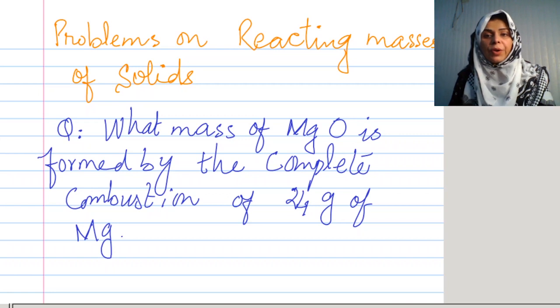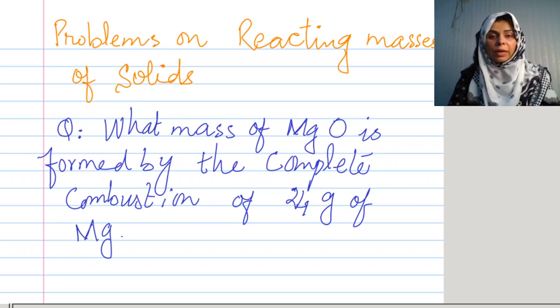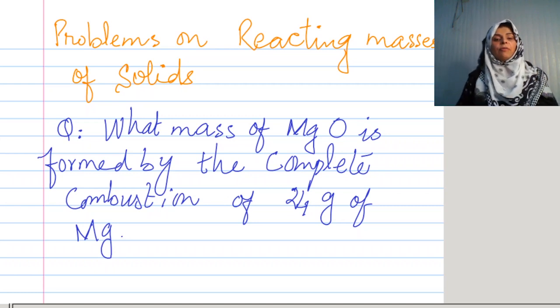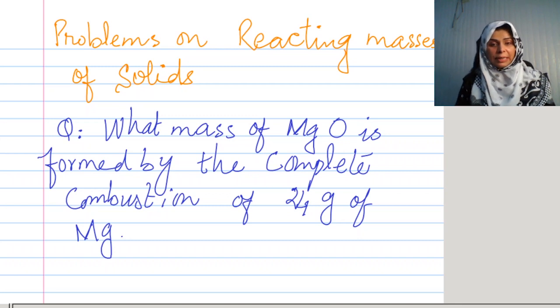Now, problems on reacting masses of solids, how to calculate them. If we have a question, what mass of magnesium oxide is formed by the complete combustion of 24 gram of magnesium?